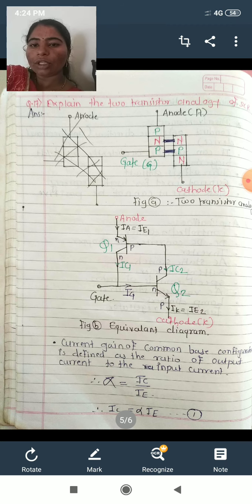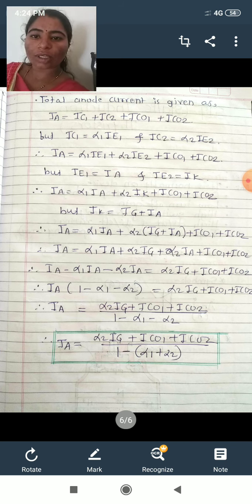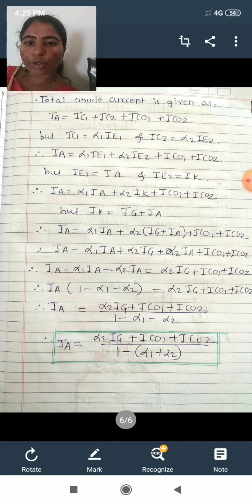Now the equation for total anode current is IA equals IC1 plus IC2 plus leakage current ICO1 plus leakage current ICO2. That is, the output current flowing through transistor 1 plus the output current through transistor 2 plus the leakage currents of transistors 1 and 2.